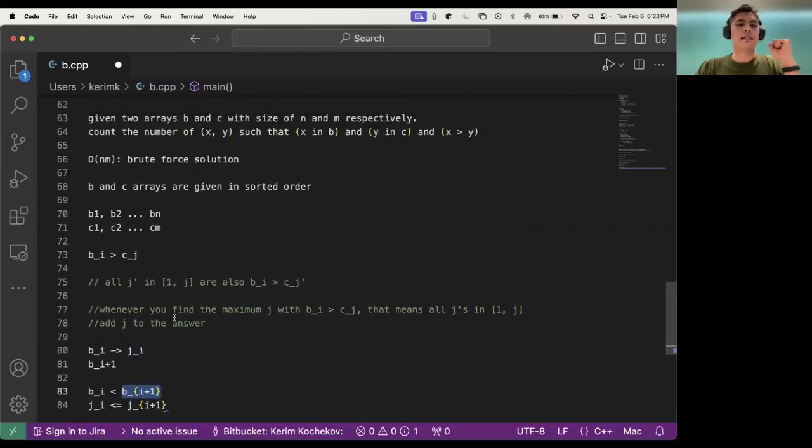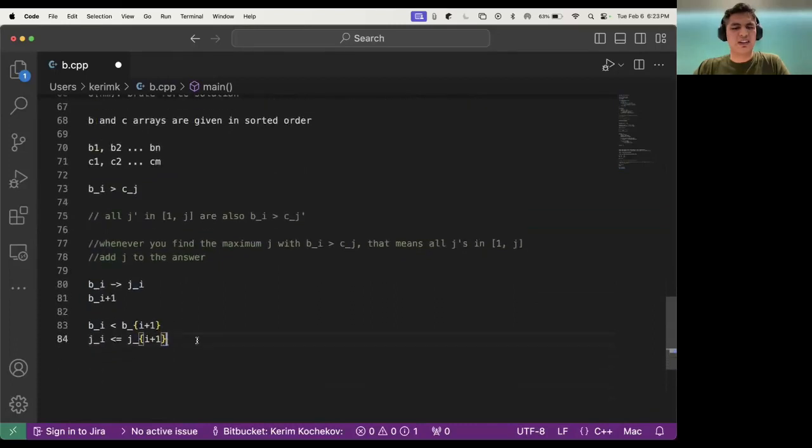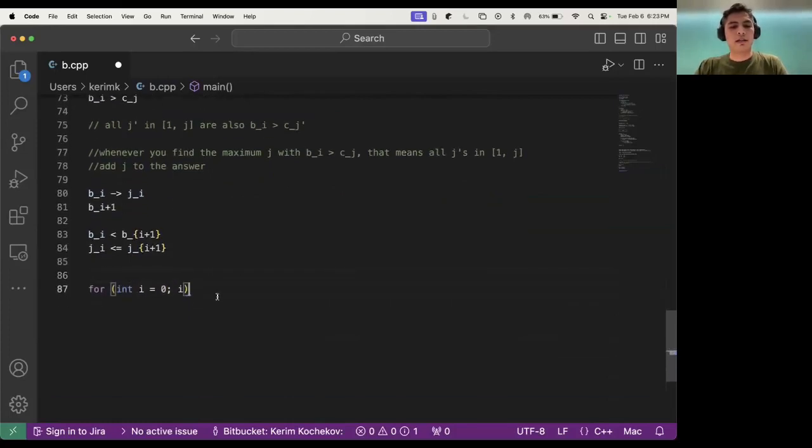Now it will make sense if we see the code, because currently it remains a high-level idea. So for example, if I want to write the C++ implementation here, for each element of B, you would just have some global J that would increase while it's smaller than B_i.